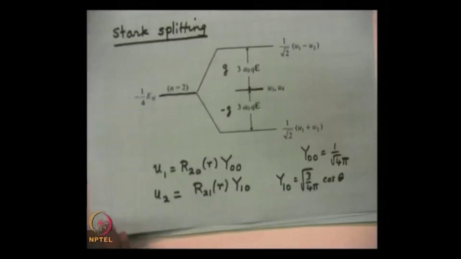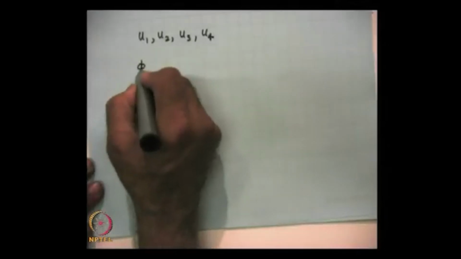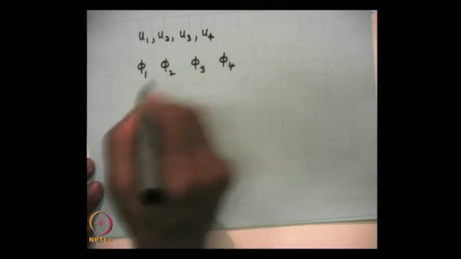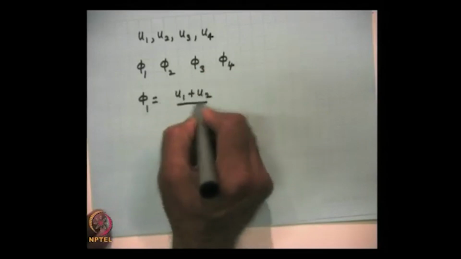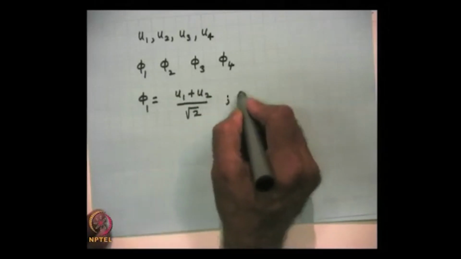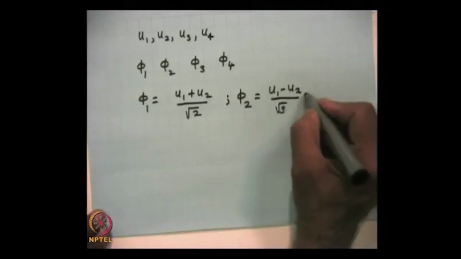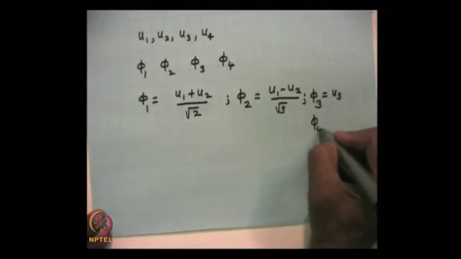Now, I leave it as an exercise for you that instead of u1, u2, u3, u4, you start with these wave functions phi 1, phi 2, phi 3, phi 4, where phi 1 is equal to u1 plus u2 by root 2, phi 2 is equal to u1 minus u2 by root 2, phi 3 is equal to u3, and phi 4 is equal to u4.